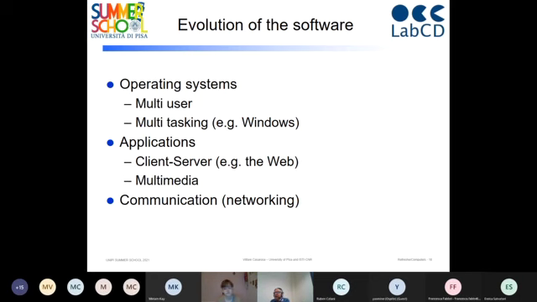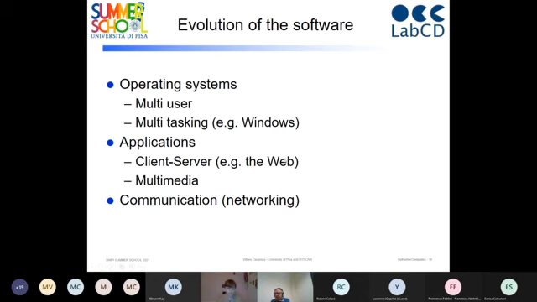Another evolution of the software, historically in the 70s, I would say mostly, was the client-server architecture, meaning that you can have an application that is split on two computers. One computer is the client of this application and the other is the server providing services to the application on your computer. And this is actually the architecture of the web today.